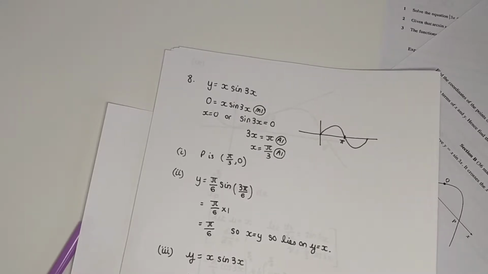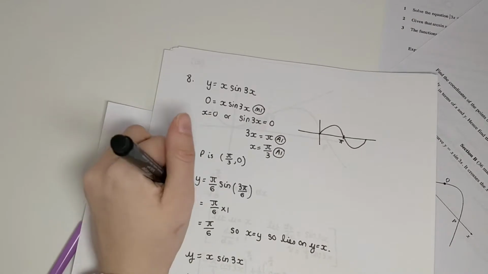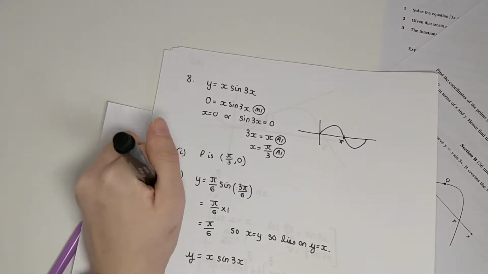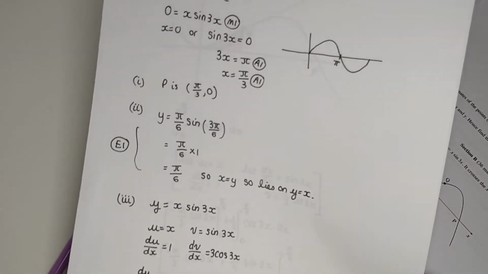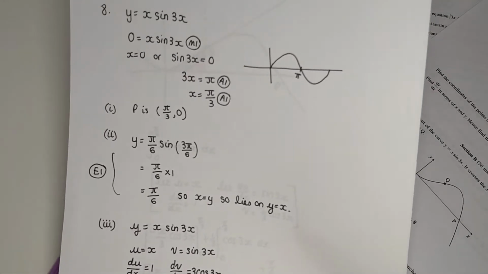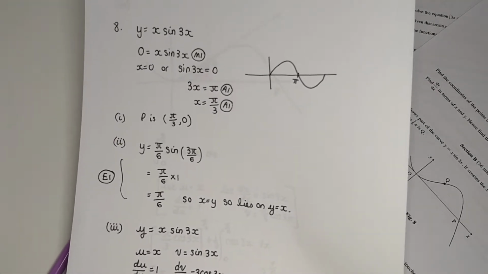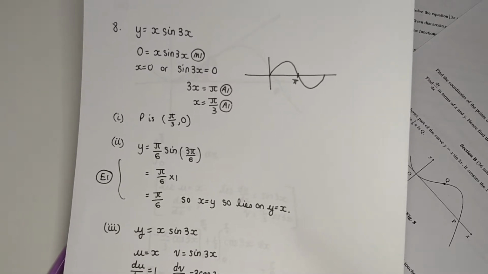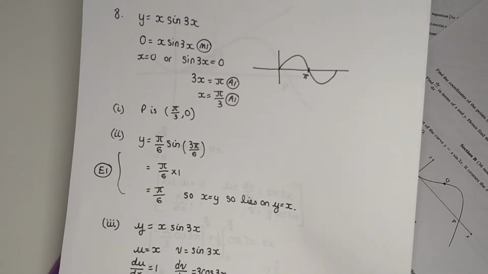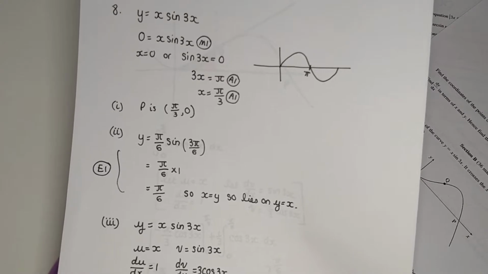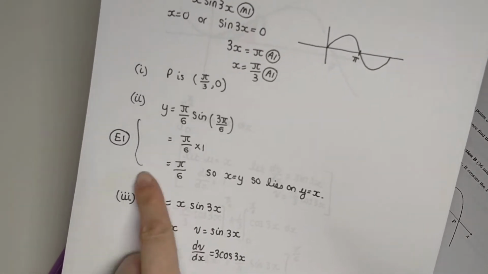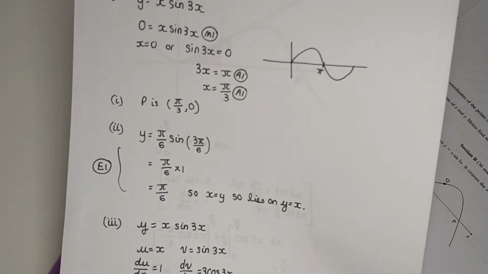Okay, then we get E1 for basically question 2. Just showing that the gradient is the same. It says must conclude in radians and be exact. So you have to have used radians to get the answer.